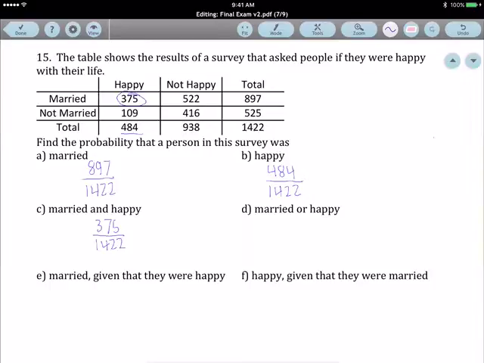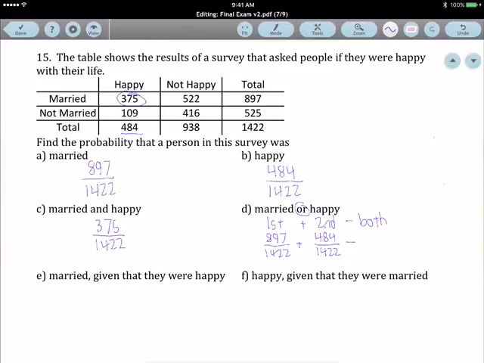And then next, part D, it says married or happy. So when you get to the or problems, what you want to remember is you take the probability of the first one plus the probability of the second one and subtract the probability of both. And we've actually already done those on parts A, B, and C. So we take our answer from part A, 897 over 1422, plus our answer from part B, 484 out of 1422.